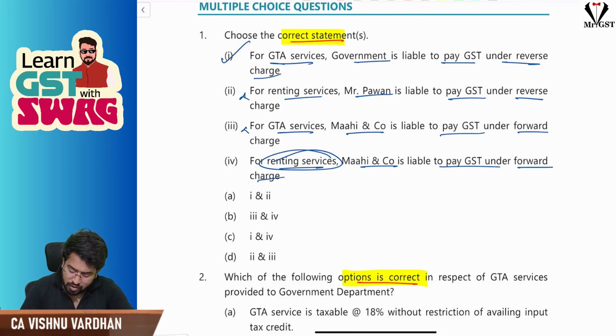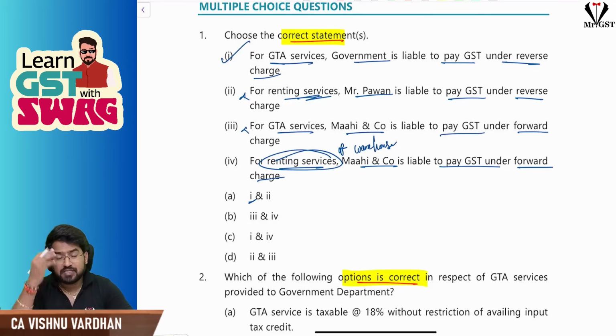Renting services of warehouse would have been better, because renting has come here also, so you will feel they are talking about the same thing again. So they should have used renting services of warehouse here. So if you see the answer, point 1 should come. Based on the option itself you have to select, because again the question framing is not proper. So this is the correct answer, where 1 is there in options A and C.